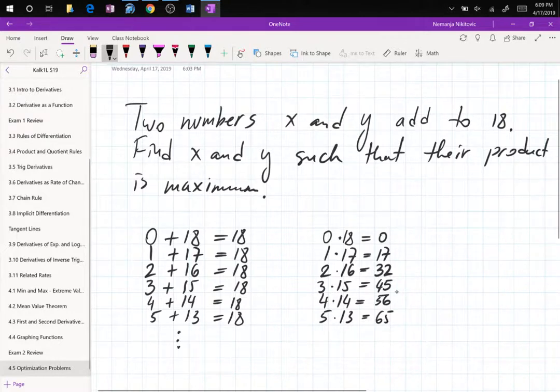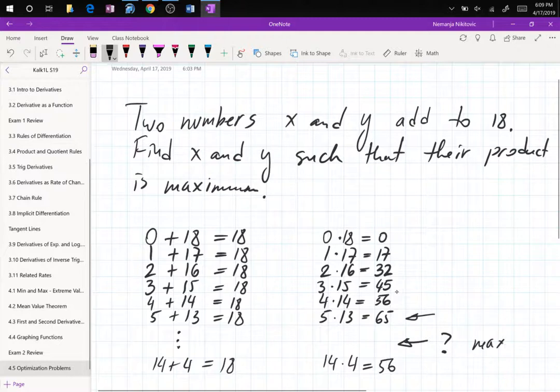And then we're going to have a whole bunch of these. But now if I say 14 plus 4, because I'm going from 0 all the way up to 18 and trying all of the combinations for whole numbers, I'm getting over here that 14 times 4 is 56. But look, that was 65.